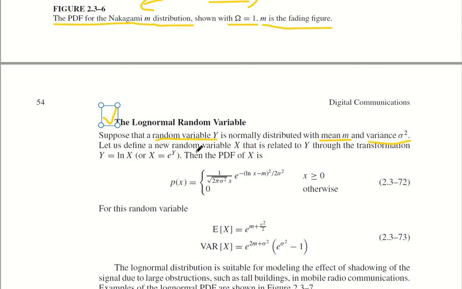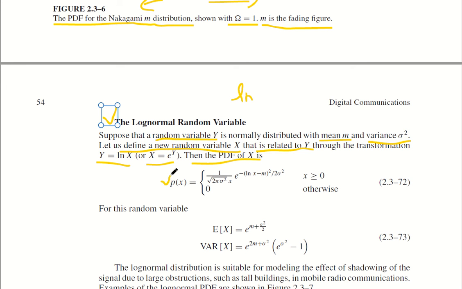Let us find a new random variable x that is related to y through the transformation y equal to ln x, where ln represents the natural log. Or if you rewrite it in a different format, x equals e to the y.